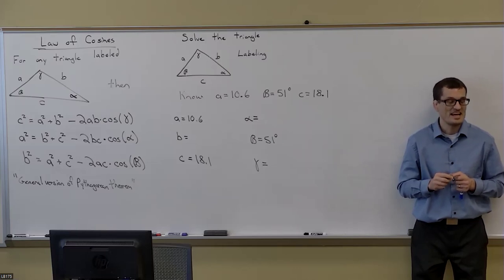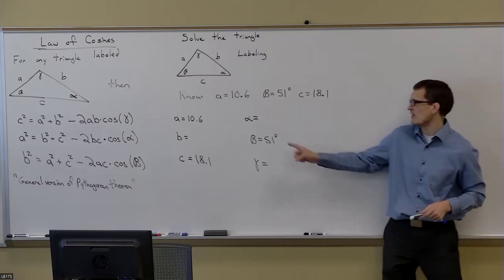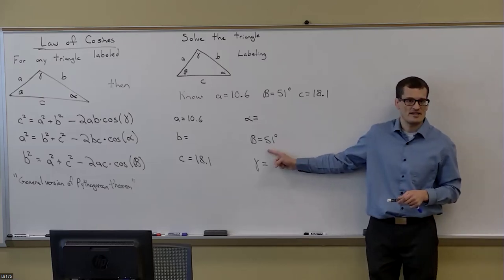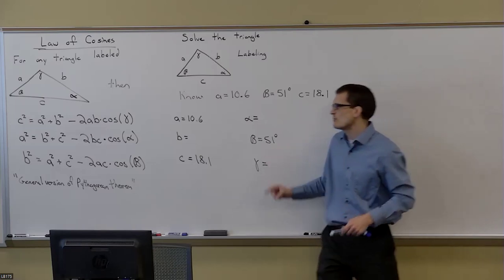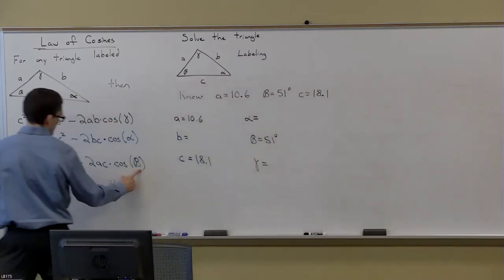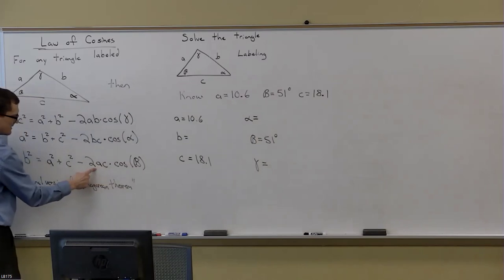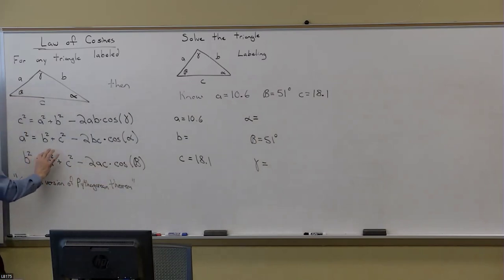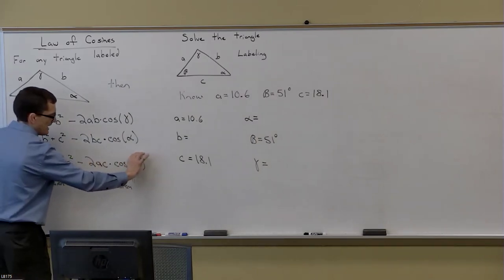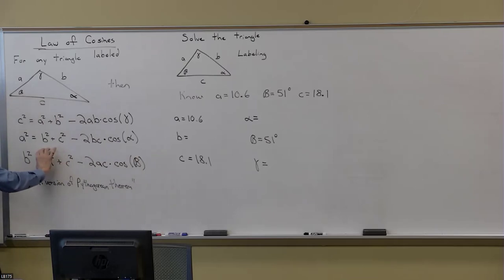Exactly. Yeah, it's the one with the B squared because that's the one that involves beta. I have the A and the C, and so I have basically this entire right side of the law of cosines equaling B squared.